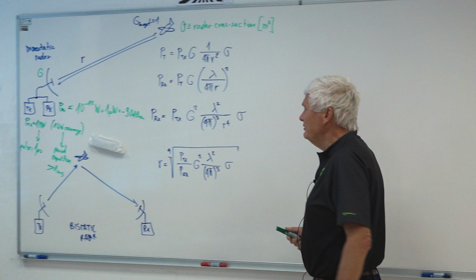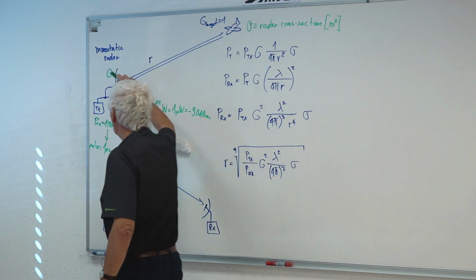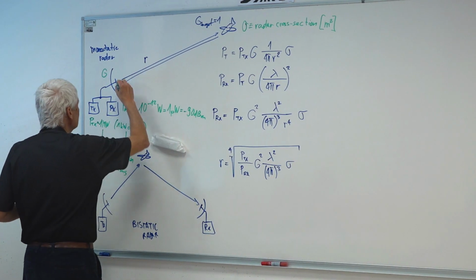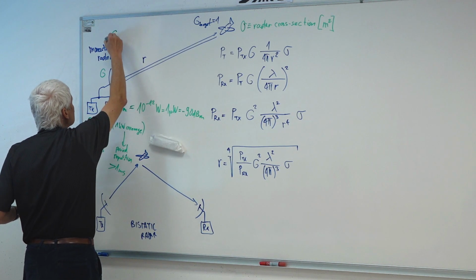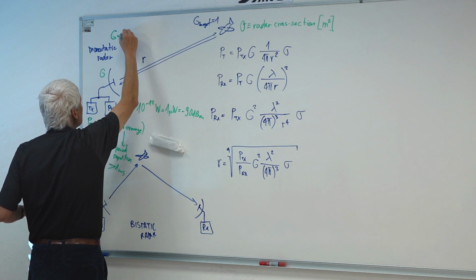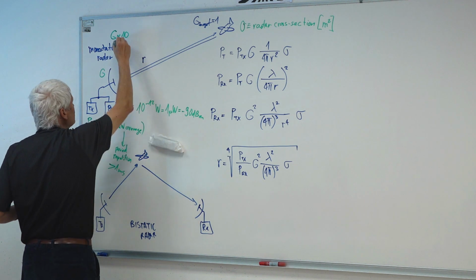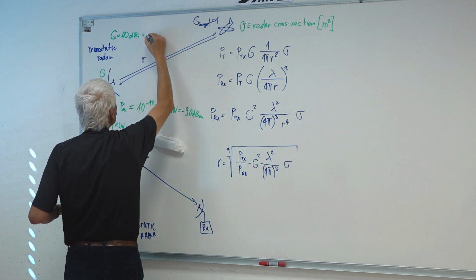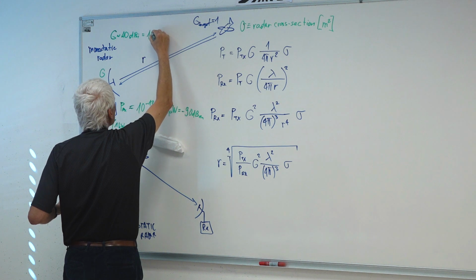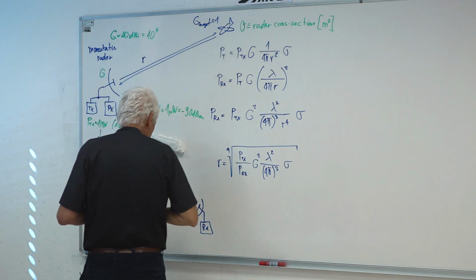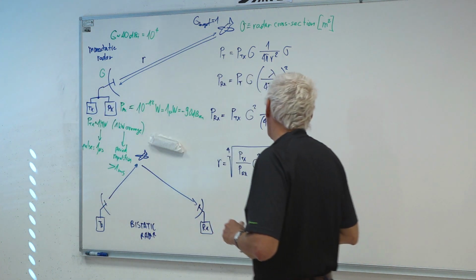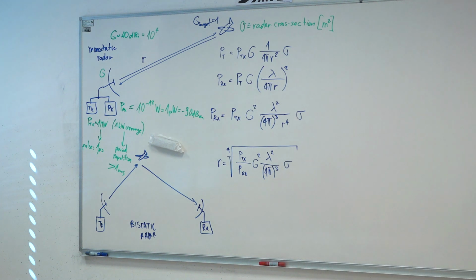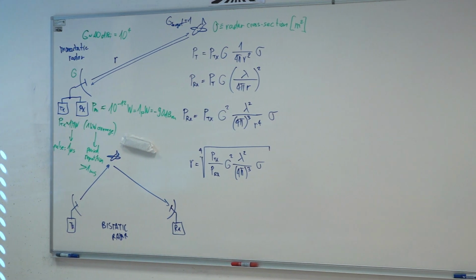What is the gain of the antenna? I assume the gain of the antenna to be around 40 dBi, which is around 10 to the fourth power. So we have all the data for our equation, and we can see where we can detect our aircraft.